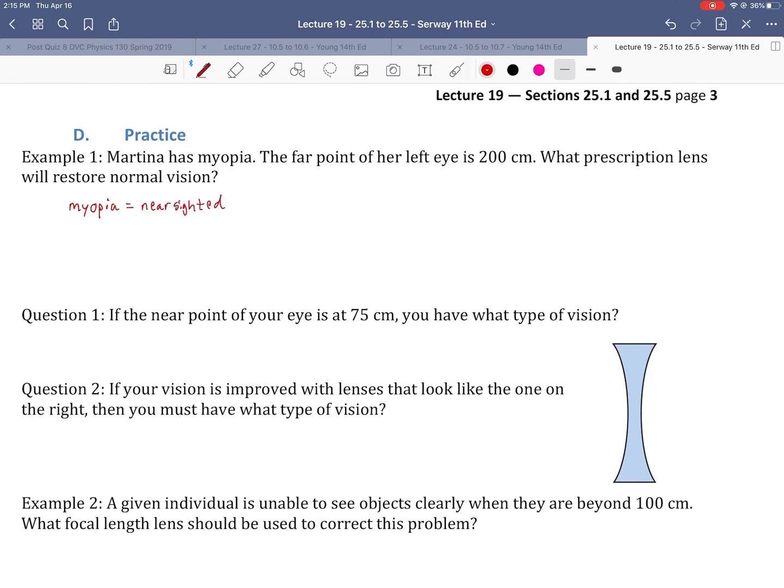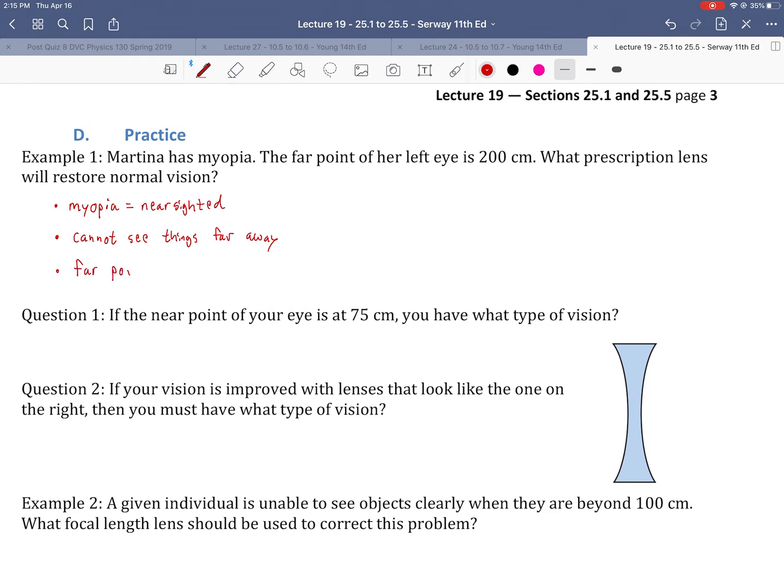Okay, that means she can see things that are close, but she cannot see things far away. Her far point is 200 centimeters. A normal far point is infinite.